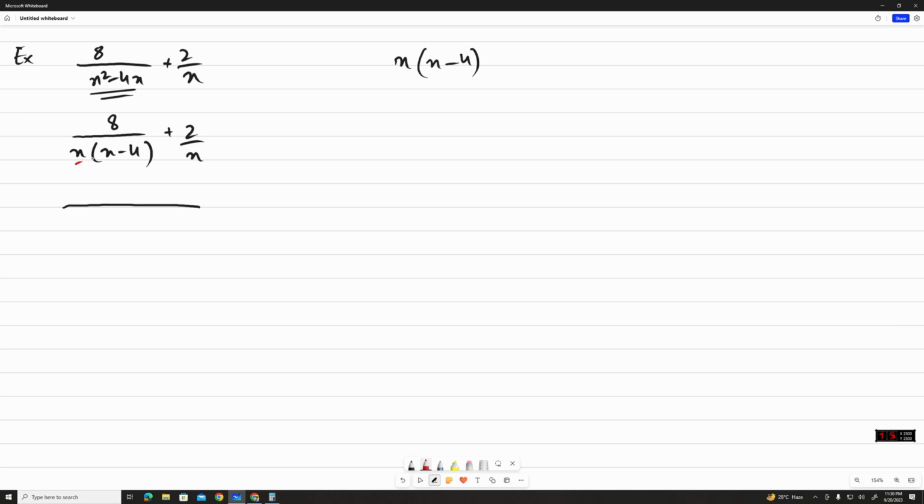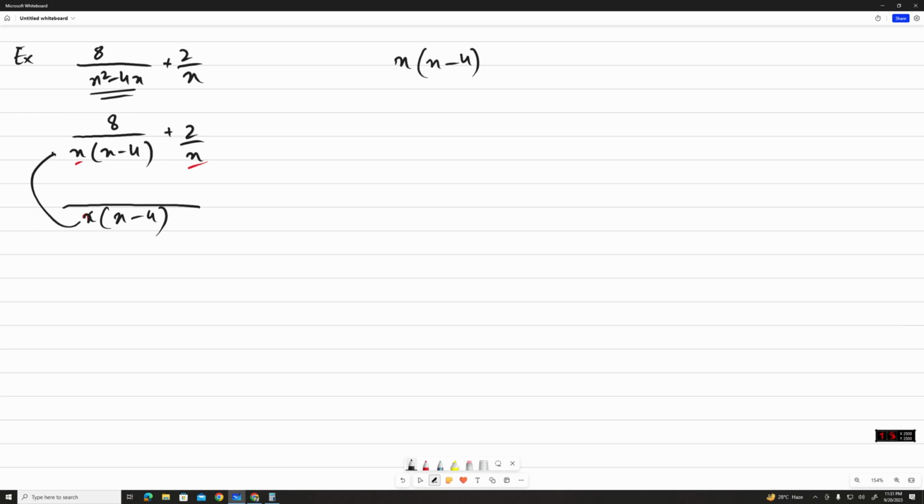We represent all the variables with the highest power. x with power 1. And we have to include this term as well. So we will have this denominator as the LCM.